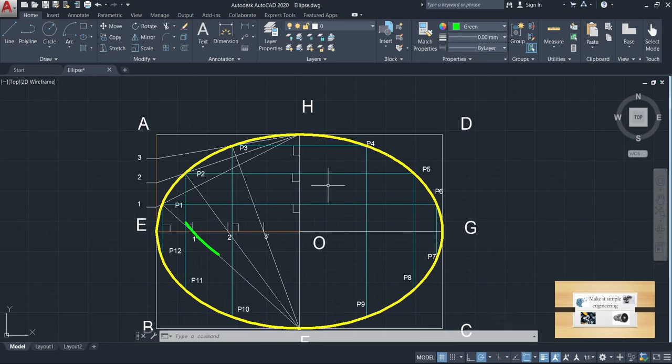Similarly, here also, from H as the center, on OG also you have to mark an arc with 60 mm radius.